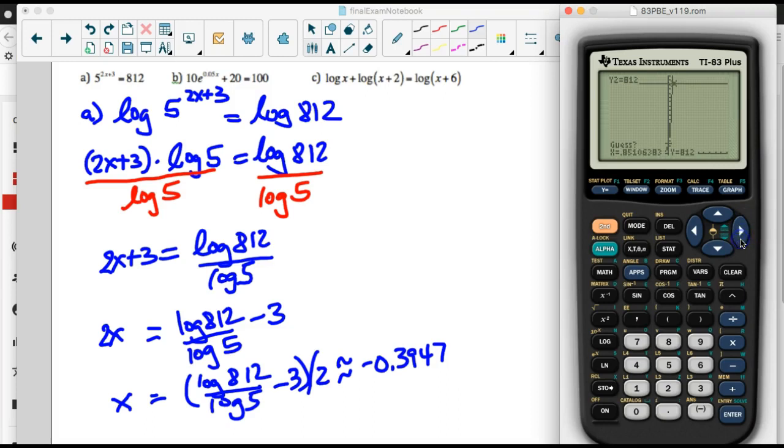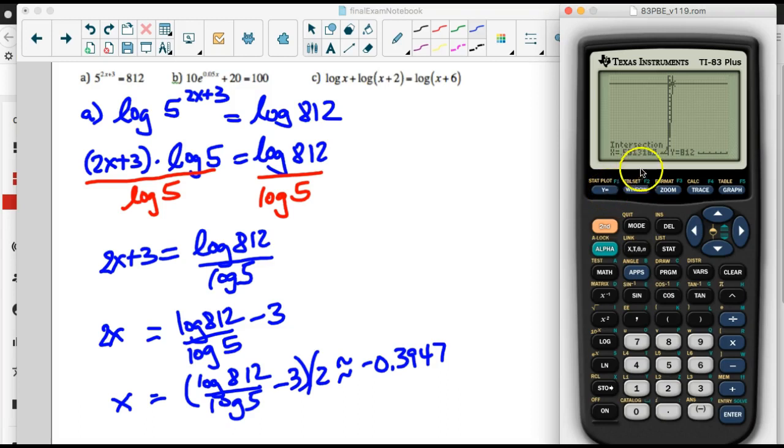this value. So it's saying the intersection is 0.5813, which is not the answer we got here. So we need to do some checking to see what we did incorrectly in the problem. Did I type it in incorrectly?